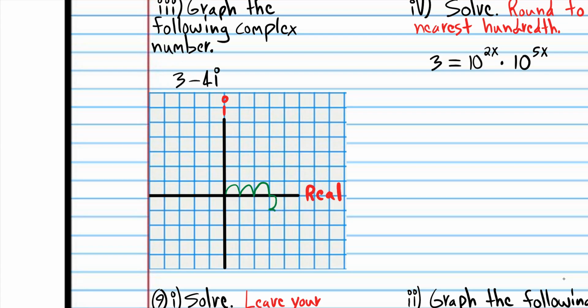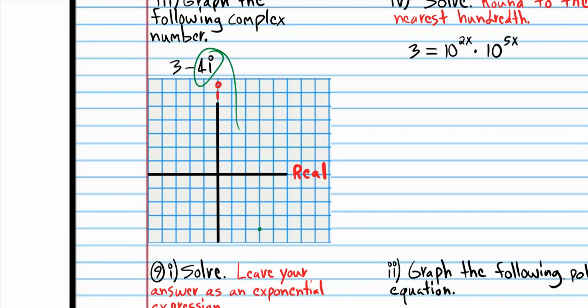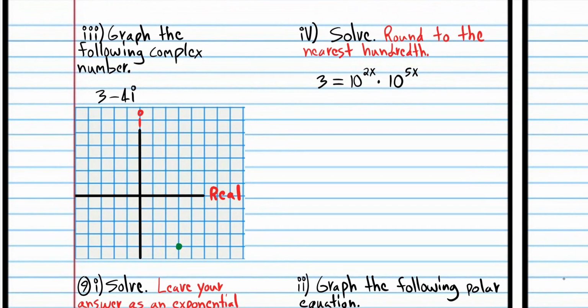And then we're going to count 1, 2, 3, 4 units down on the imaginary axis because this number is imaginary and it's negative. So that is the point. So we've got our point there. Let's make it nice and big so we can see, and that's really all you have to do for that problem. So if you got that right, excellent.